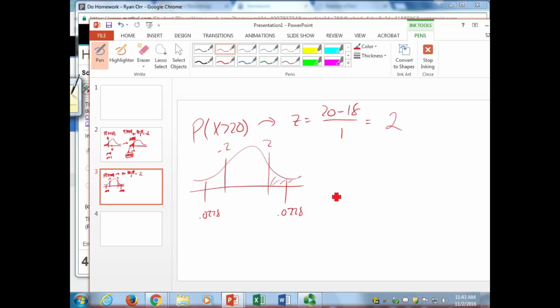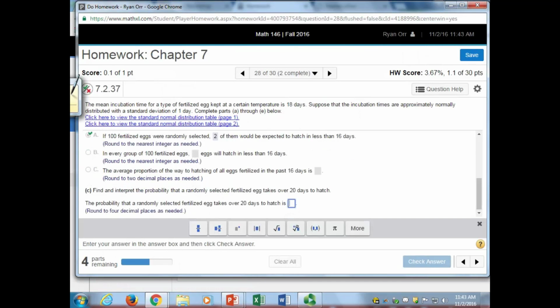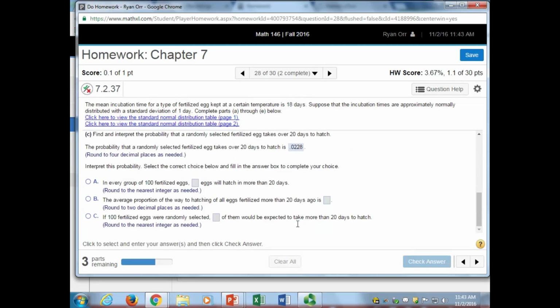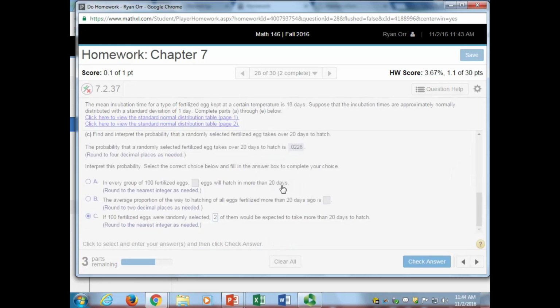So I think the answer here is going to be the same. So we'll go back, maybe. All right, so I'm thinking 0.0228. Interpret that. It's going to be the same thing. If 100 fertilized eggs were randomly selected, you would expect 2 of them to take more than 20 days to hatch. So same answer there.